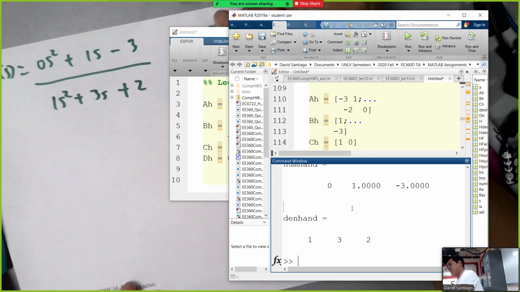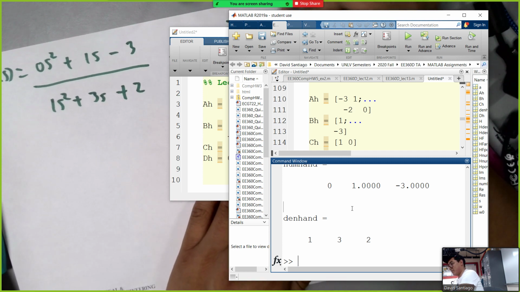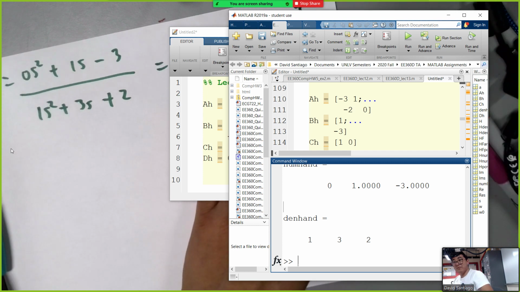Rewriting that, it's s minus 3 divided by s squared plus 3s plus 2.